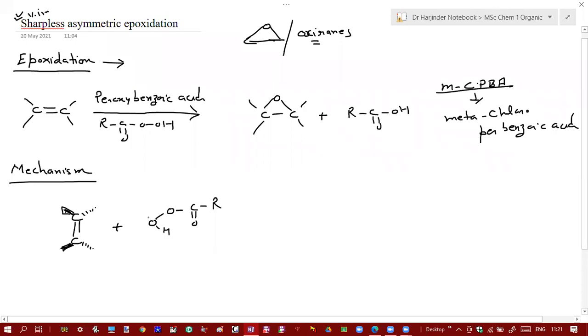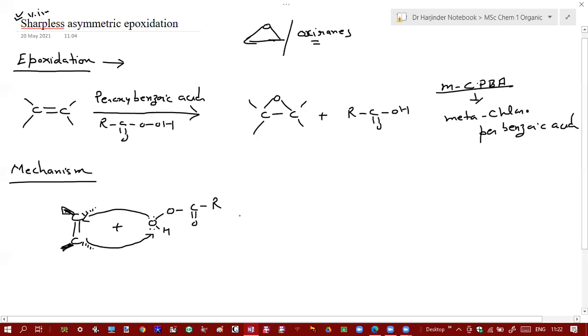Now this oxygen has 2 pairs of electrons. So simultaneously nucleophilic and electrophilic addition take place. So this attack over here, this attack over here, like this. So simultaneous addition of this oxygen across this double bond takes place. At the same time, this oxygen-hydrogen bond will break and this pair of electrons will shift in between this oxygen and carbon bond, and these pi electrons will shift to this oxygen, and this hydrogen will go to this oxygen.